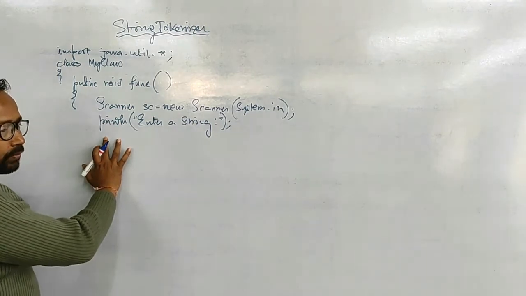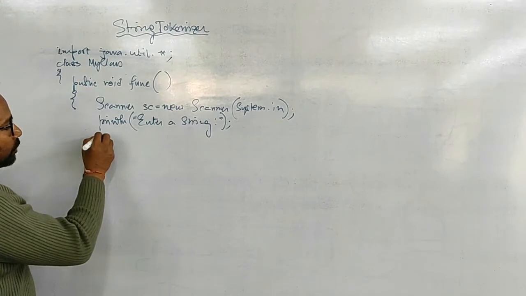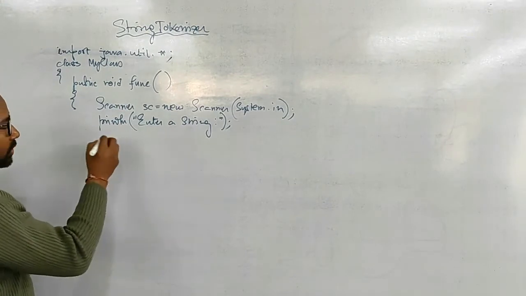And with that string value, we have to create an object of the StringTokenizer class. So instead of storing that input to a string variable, directly I will take the input in the StringTokenizer constructor.